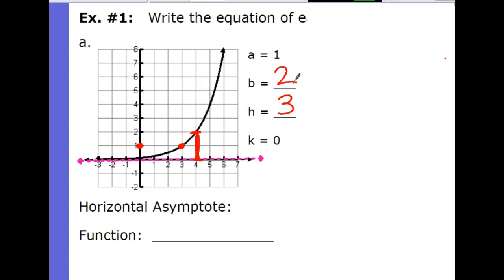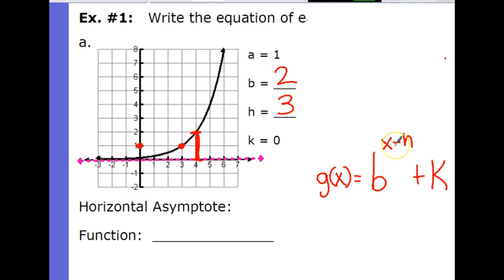Now, I don't know if this is in your notes, so you may want to write this down in the bottom margin. We are filling in this equation on all of our problems here. We're going to let the A be equal to 1, so we're not going to write the A. B to the x minus h plus k, just like we've done before.